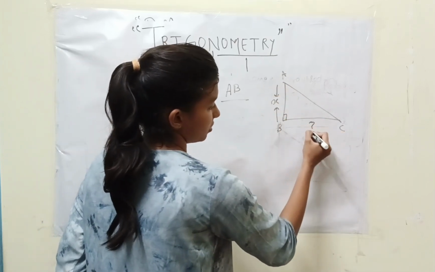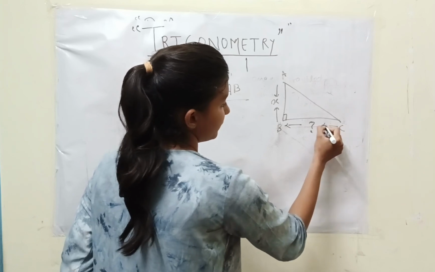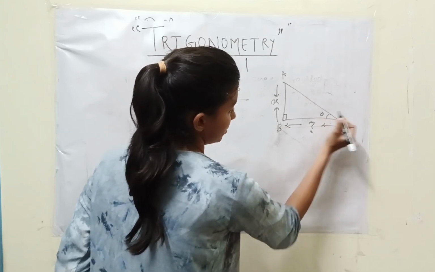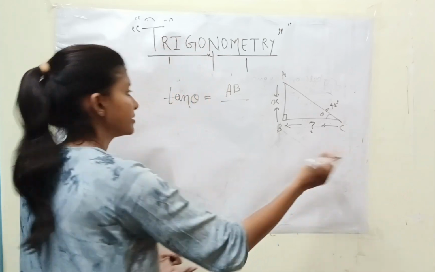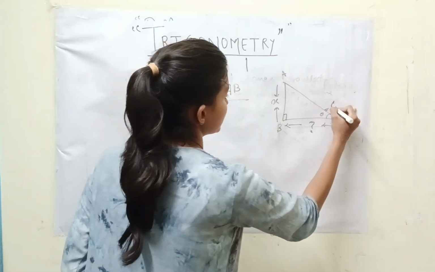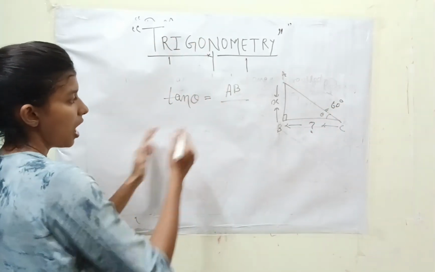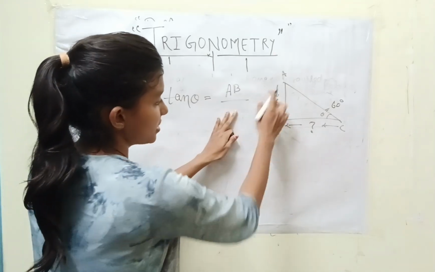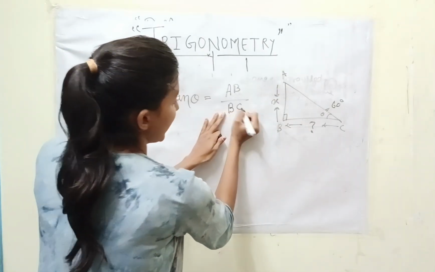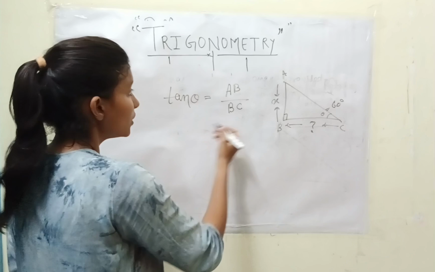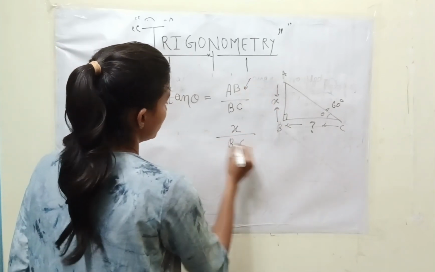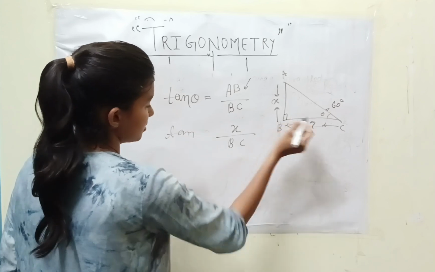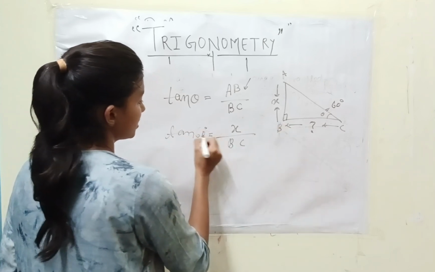This is unknown. I don't know what this is. And we have the measure of this angle. Suppose it is 45 degrees or 60 degrees. Let us go with 60 degrees. Then how do we define tan theta? This is AB upon BC, perpendicular upon base, where we know the value of AB, which is x, and BC is unknown. And this is tan 60 degrees.